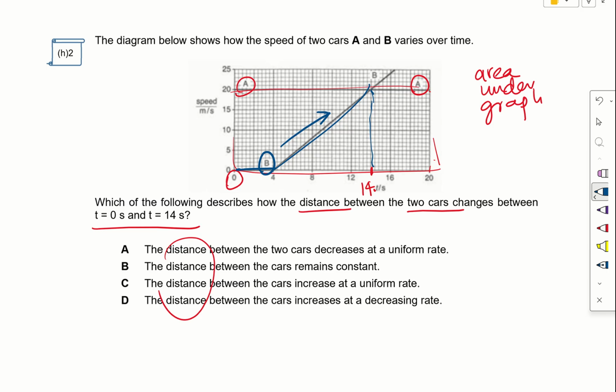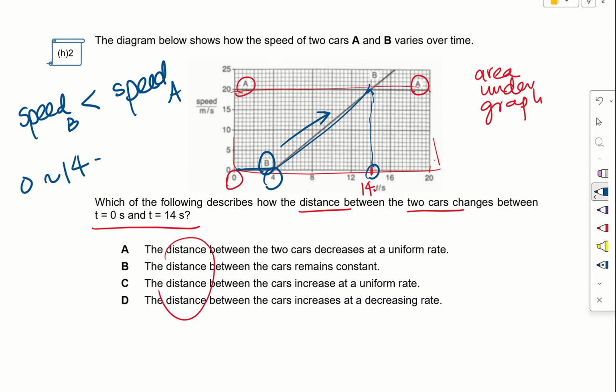So from 4 seconds all the way to 14 seconds, the speed of B is lesser than the speed of A from 0 to 14 seconds.